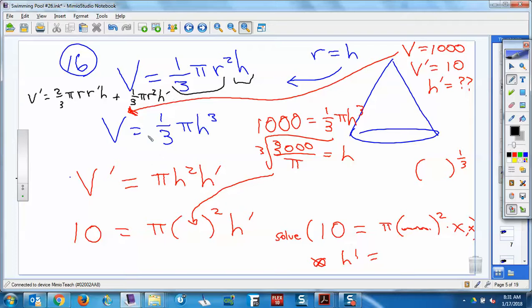So I'd have something like this. But now think about what you'd have to plug in. You'd have to plug a 10 in here. What do you know? You're trying to find h prime. But since h is equal to r, r prime is going to equal h prime. Now maybe at this point you realize, I could just substitute. And maybe you do that.